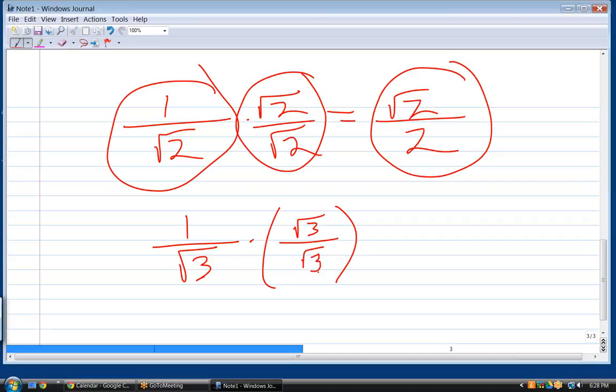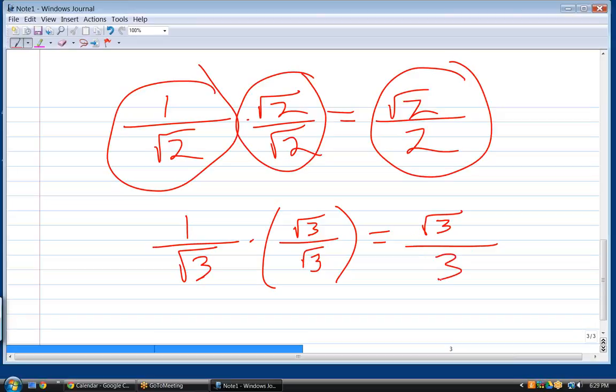I'm just going to multiply it, the top by square root of 3, the bottom by square root of 3. What do I get in the top? 1 times square root of 3. 1 times anything is anything, so the top becomes square root of 3. What's the bottom become? 3.